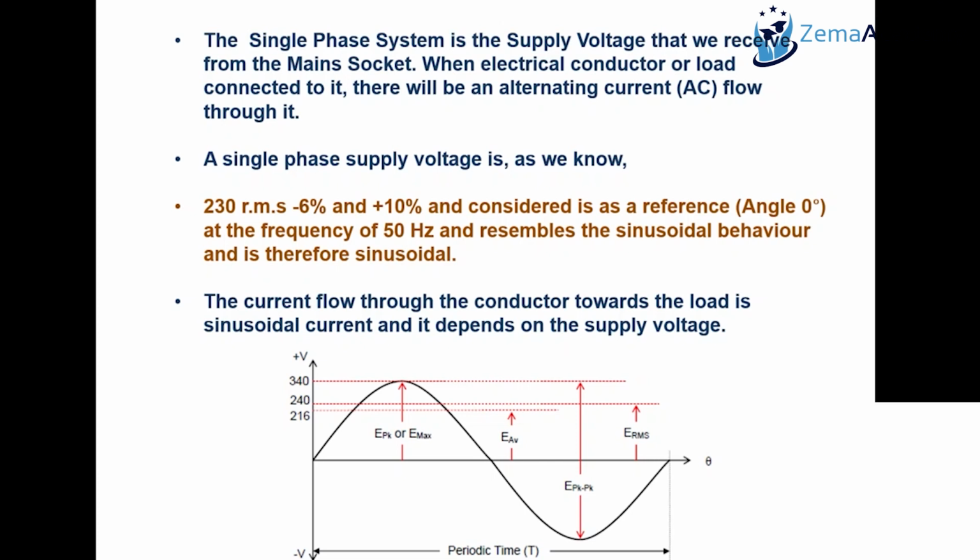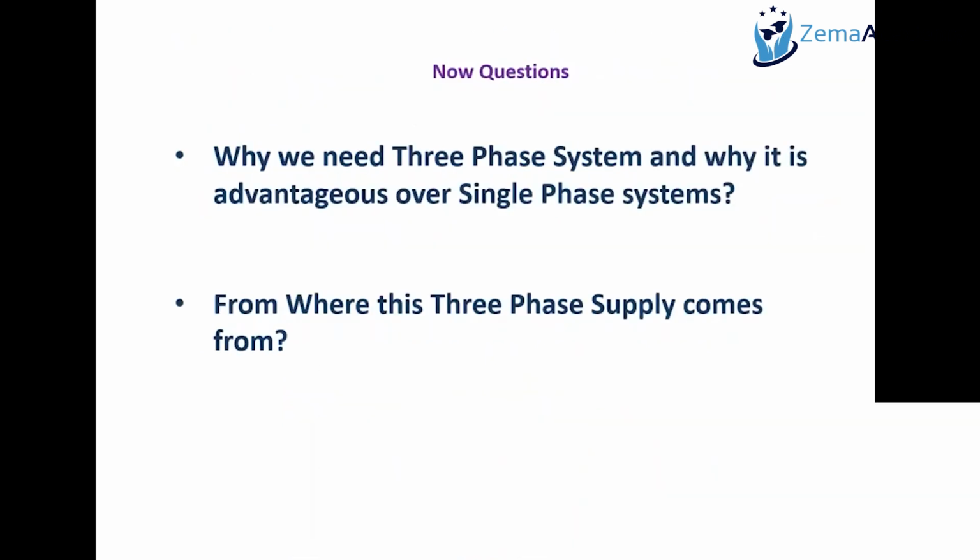I'm not going to repeat those concepts, but it's important to know what these concepts are before we try to understand what the three-phase system is. So I will have to come back to this sinusoidal AC waveform because we need to know where this three-phase system comes from, and why we need a three-phase system in the first place.